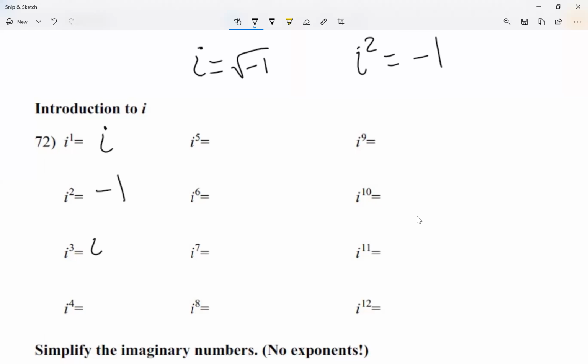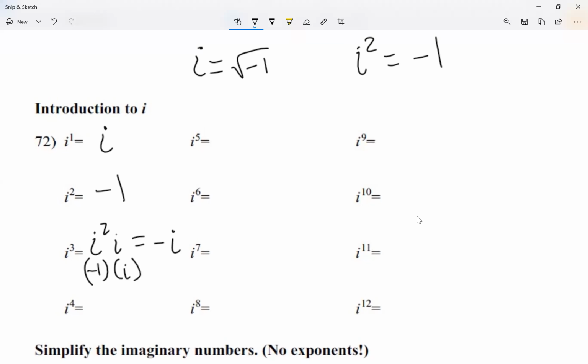This is i squared times i to the 1, because when we combine exponents, we add the exponents: 2 plus 1 gives me 3. I know i to the second is -1, and i to the 1 is just i. So i to the third simplifies to -i.